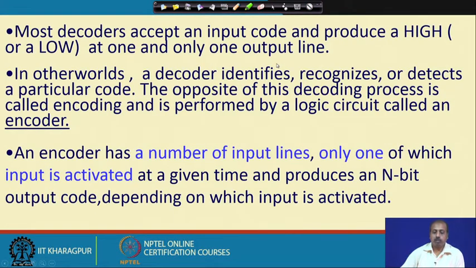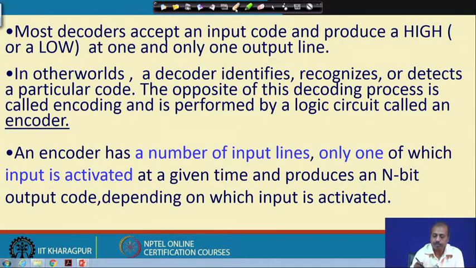Most decoders accept an input code and produce a high or low at one and only one output line. So, why is it said that the encoder is the reverse of the decoder? In a decoder, if this is a decoder, it accepts some input, say n inputs, and it has 2 power n outputs.